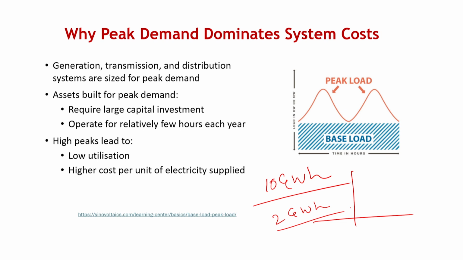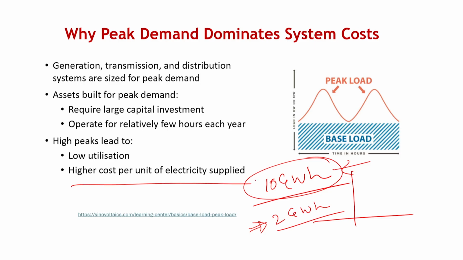Though the average requirement is only 2 gigawatt hour, since my peak is at 10 gigawatt hour, I will have to design all my infrastructure to supply 10 gigawatt hour. So for most of the day, or most of the time, my overall system will be highly underutilized, because I have designed all my generation, all my transmission, everything around the highest energy demand which I can expect.